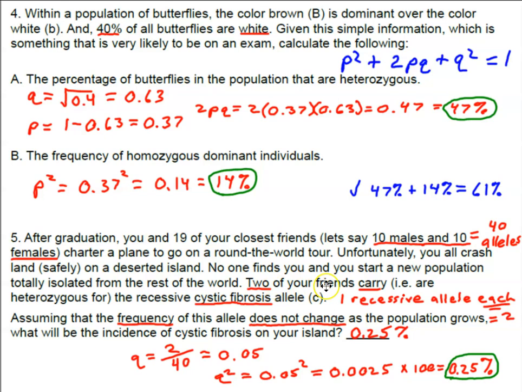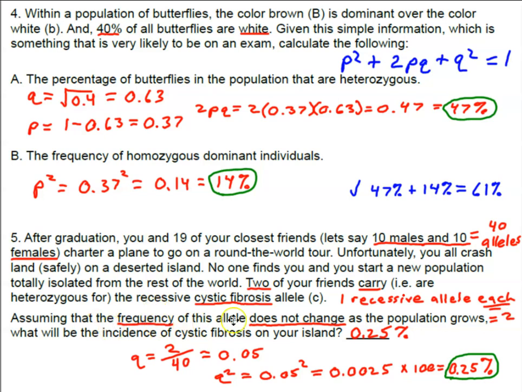So 2 of the friends carry the recessive allele for cystic fibrosis. In other words, both of them carry 1 recessive allele, right? So that means within this gene pool of 40 alleles, 2 of those alleles are going to be the recessive alleles for cystic fibrosis.